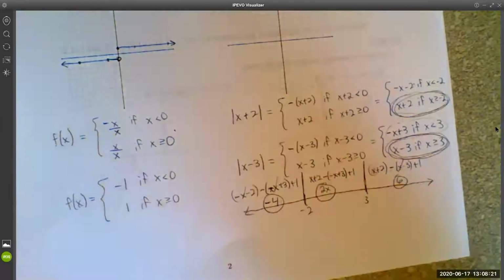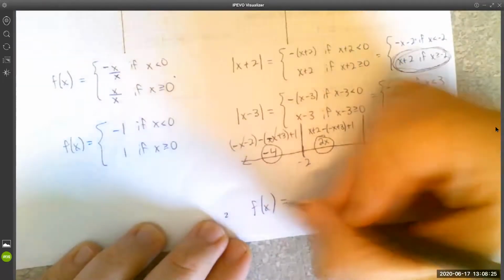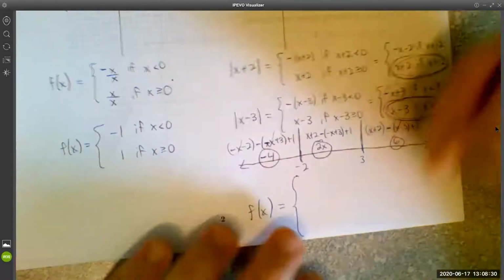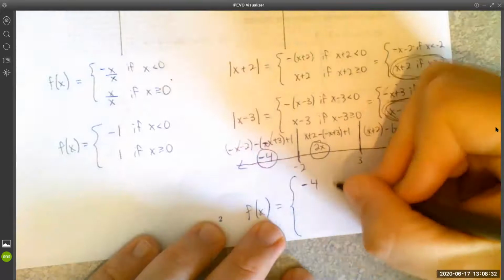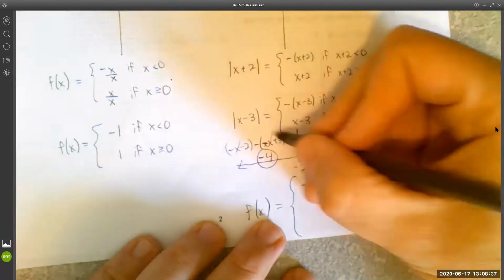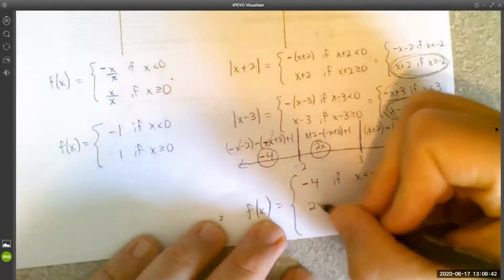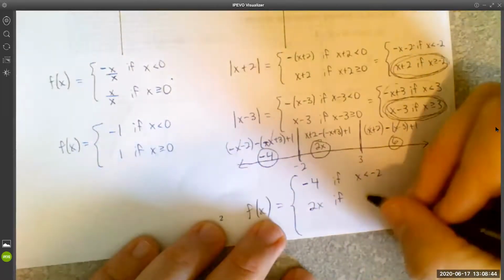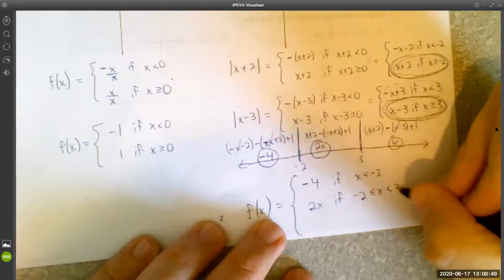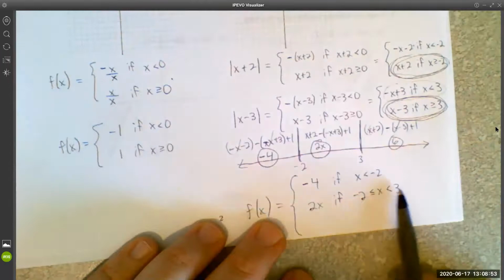So at this point, I could rewrite my function using that piecewise definition as follows. I'm going to have 3 pieces, right? F of x is going to be -4 if x is less than -2. If we're in this region right here, f of x is -4. F of x is going to be 2x if x is between -2 and 3, including the -2, but not including 3.